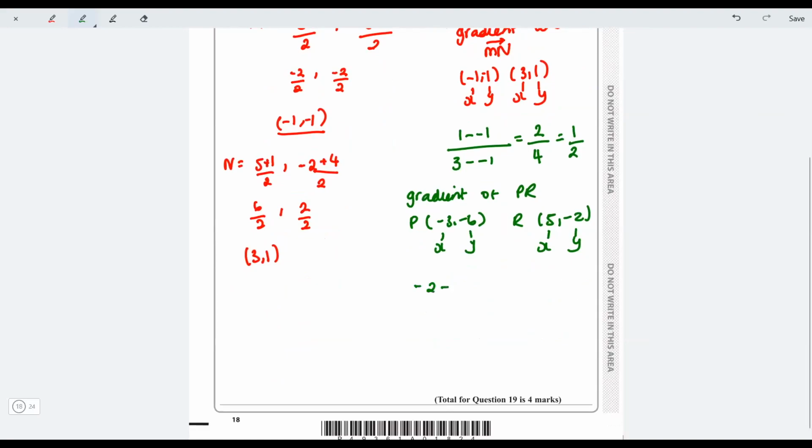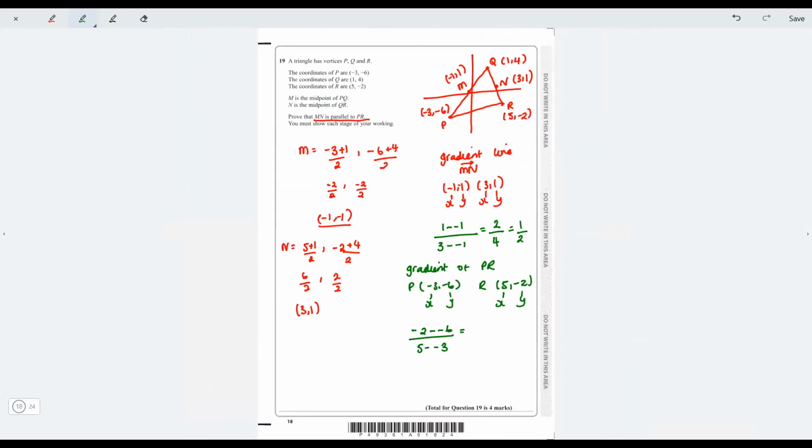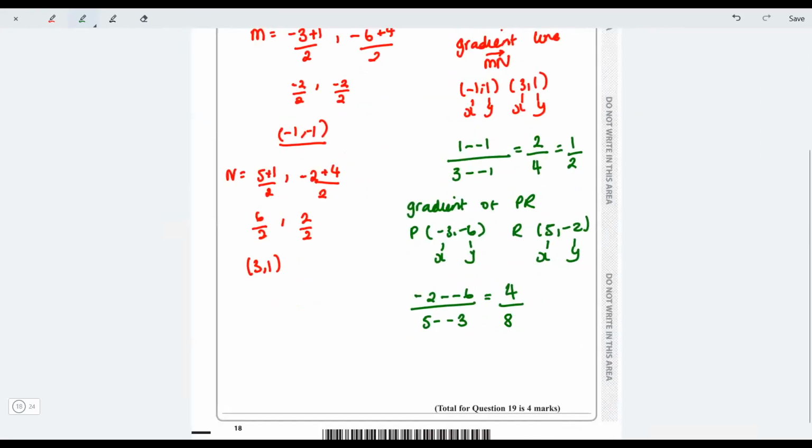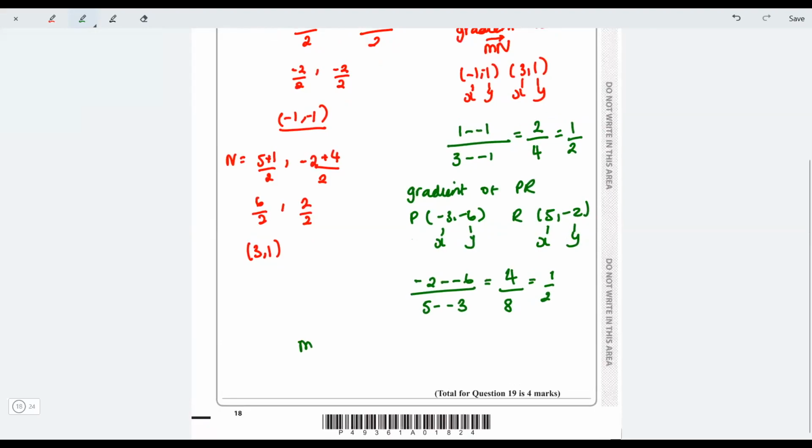Minus 2 minus minus 6, and 5 minus minus 3. That becomes minus 2 add 6 is 4, and 5 and 3 is 8. That is also a half. And they are a multiple of each other. Therefore, I'm going to say that they are the same, aren't they? Yeah, and that's it. They're a multiple of each other.